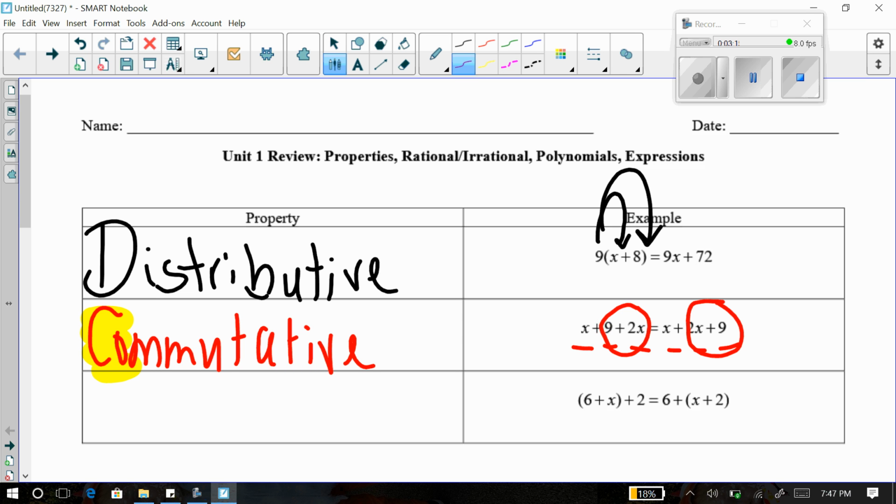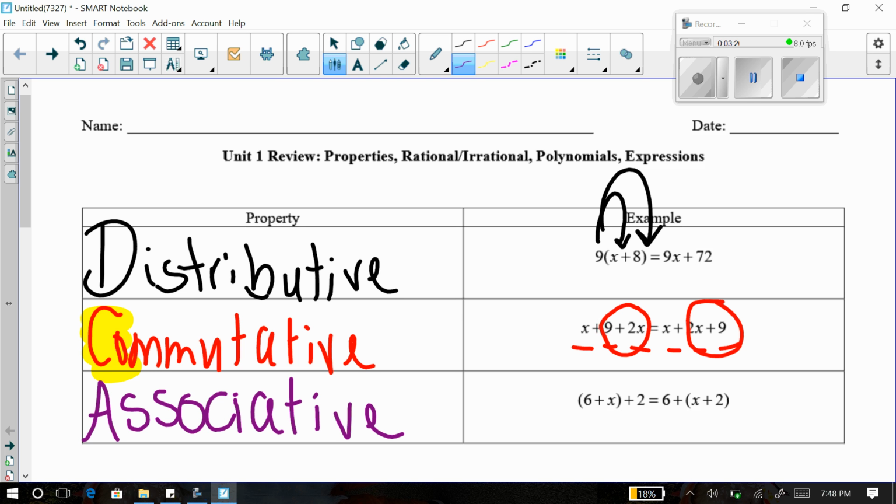And the last property that I want you to know right now is the associative property. Remember, with the associative property, think about who you associate or hang out with. If you notice, nothing changed order. It goes 6, x, 2, 6, x, 2. But the numbers and the variables changed who they were hanging out with.